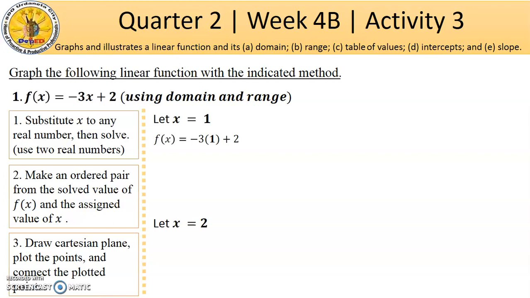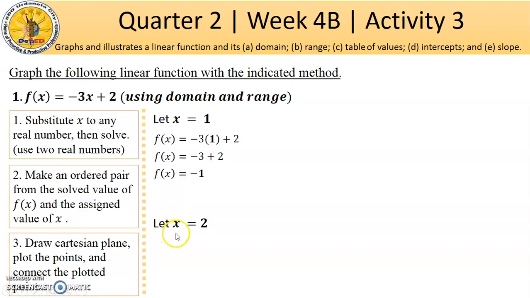The first step is we're going to substitute x by the real numbers. We chose two real numbers, and that is 1 and 2. So we have f(x) = -3 times 1 plus 2. Simplify: -3 times 1 is -3, plus 2, we have -1.